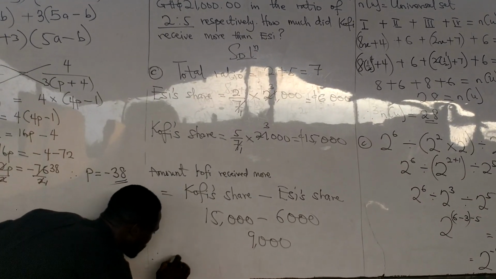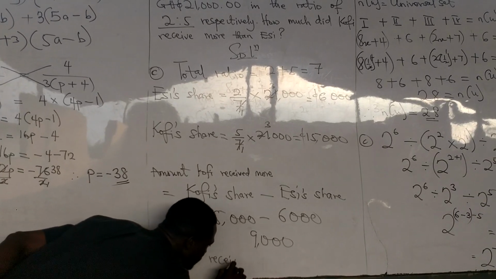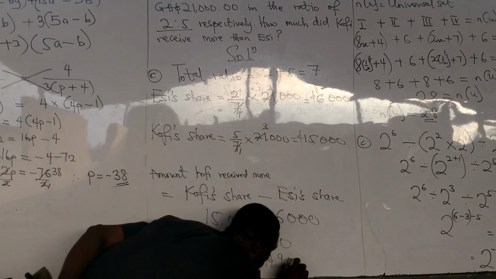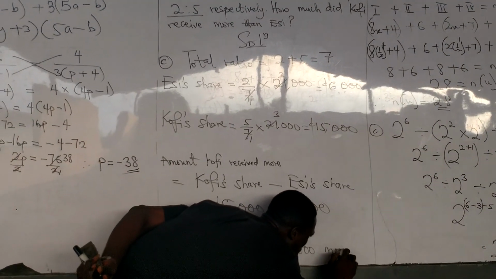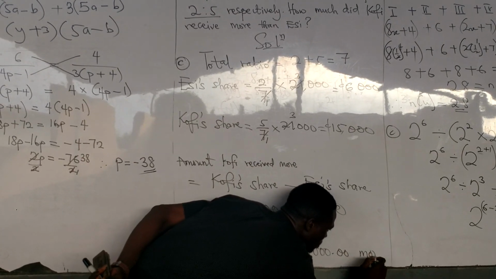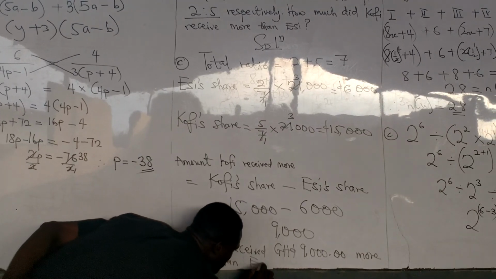So therefore, Kofi received 9,000 Ghana cedis more than AC.